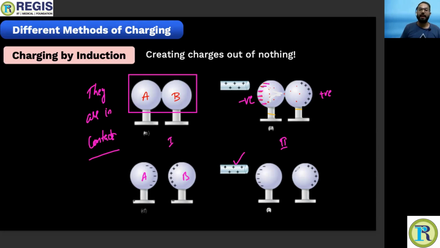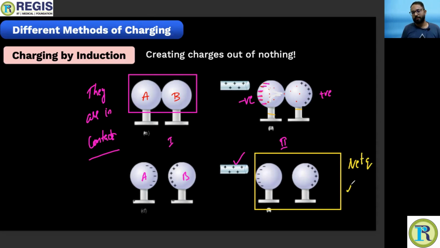But the entire charge of the system, the initial combination, the net charge is 0. Clear?